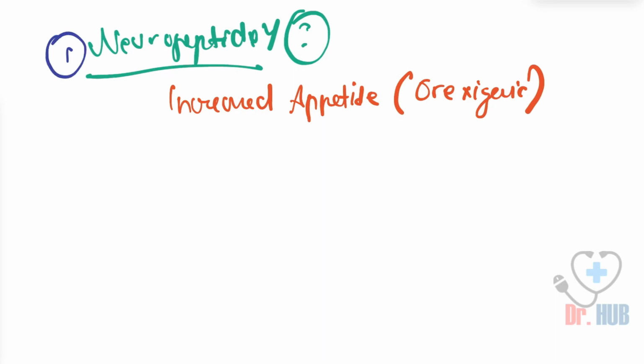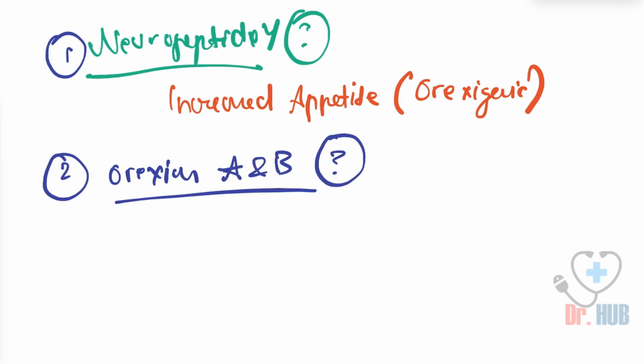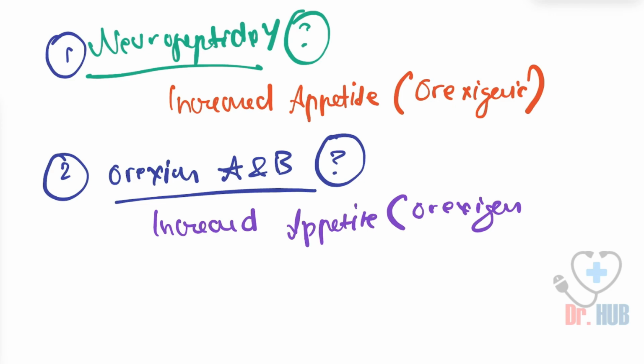The second question we asked is, in case of the orexins, orexin A and orexin B, what is it associated with? Here, this is associated with, again, the increased appetite, and again it is orexigenic.